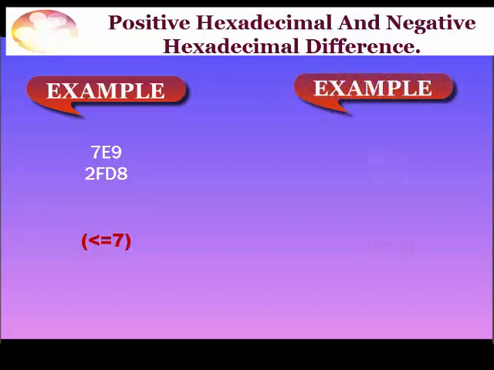On the other hand, if there is a number like 8C30 or 9CE4, these are considered negative hexadecimal numbers. Why? Because if we look at the leftmost digit, it starts with a digit which is greater than or equal to 8, meaning it is in the range from 8 to F. So these are the differences.